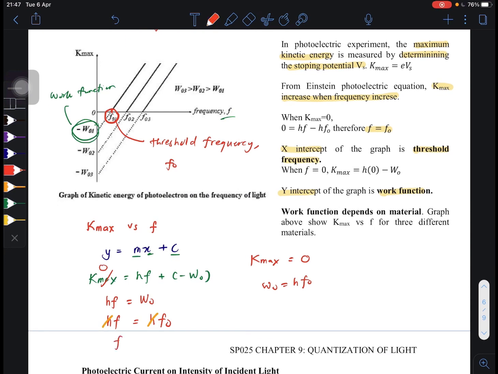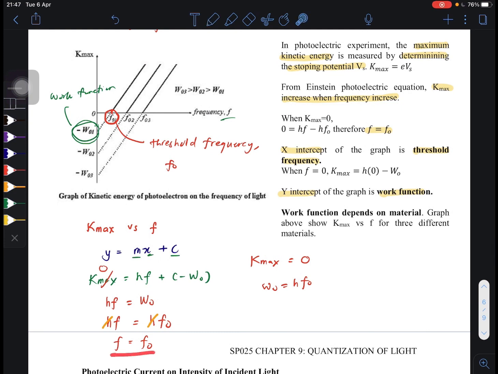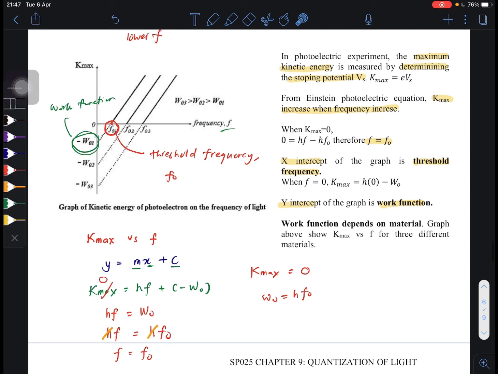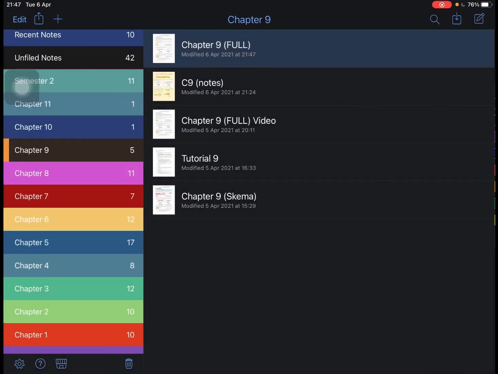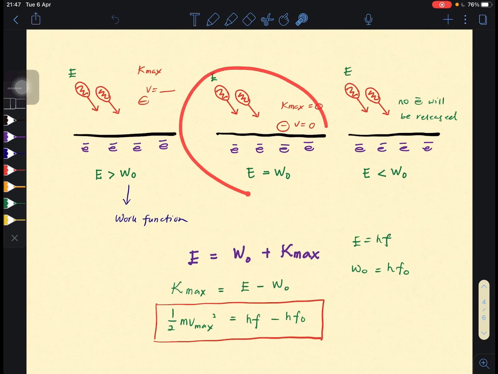So means f is equal to f0. The frequency will be equal to the threshold frequency. This one only if Kmax is kosong, which is this one here. Okay, during this situation, maksudnya elektron akan terkeluar tapi dia akan stay. So dekat sini f akan sama dengan f0.